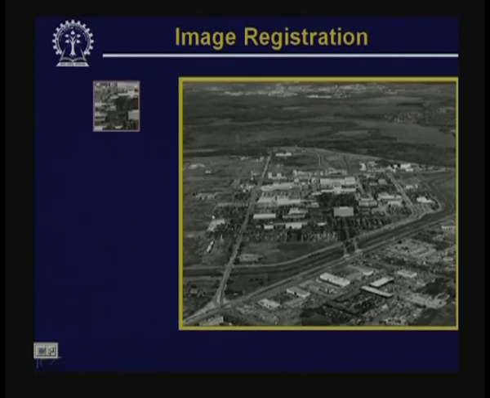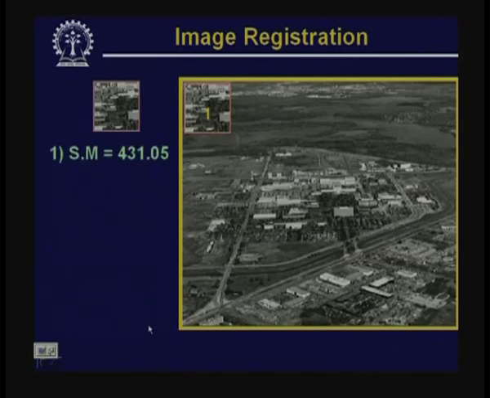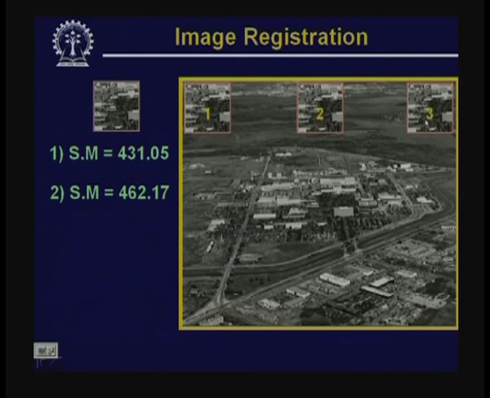So, this is the template and this is the given image. If I place this template over here, we are calling this location 1. This location is given by this red rectangle. Then the similarity measure that we are getting is 431.05. If I place it at location 2, the normalized cross correlation you get is 462.17.